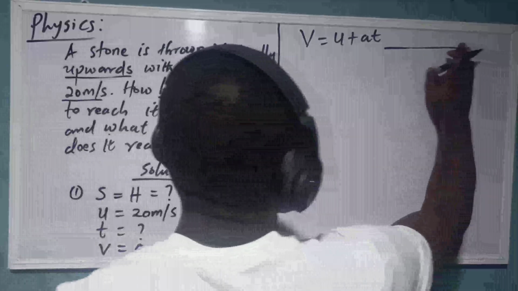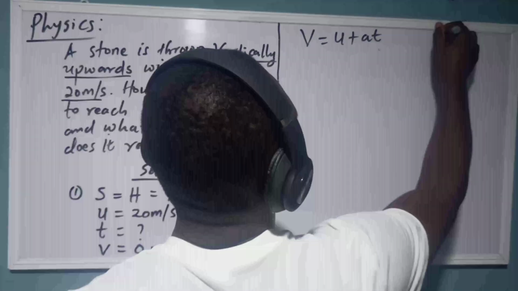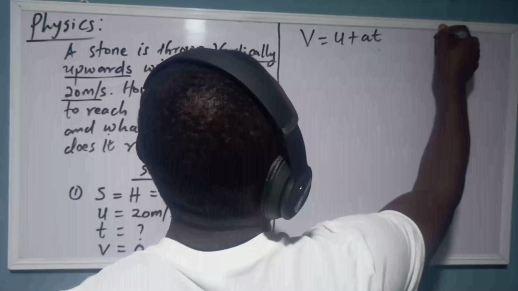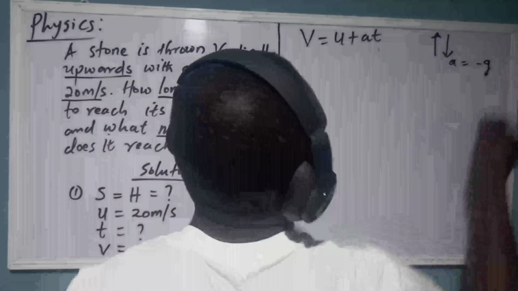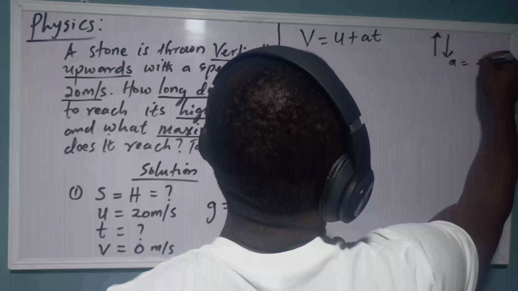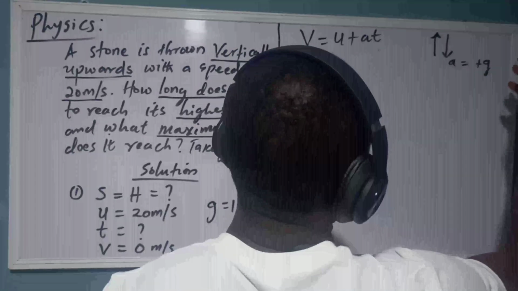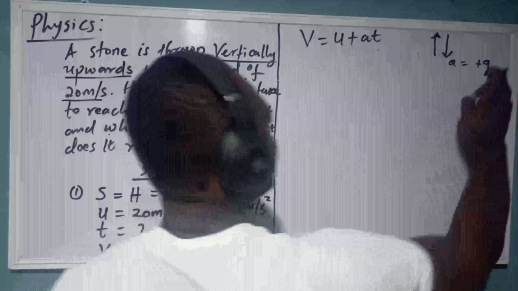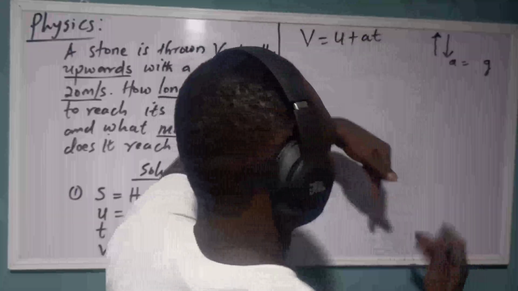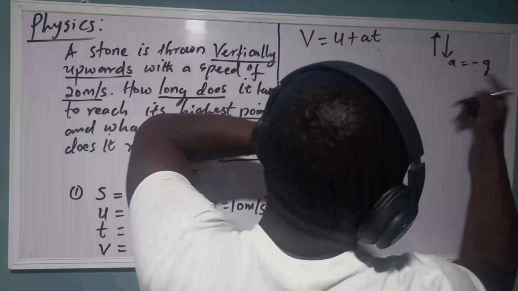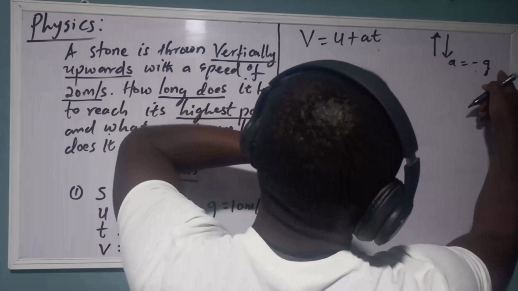But when the body is moving upward or falling down, then a becomes either negative g or positive g, depending on the direction it's moving. So if the body is going upward, it's acting against gravity, so a becomes negative g.